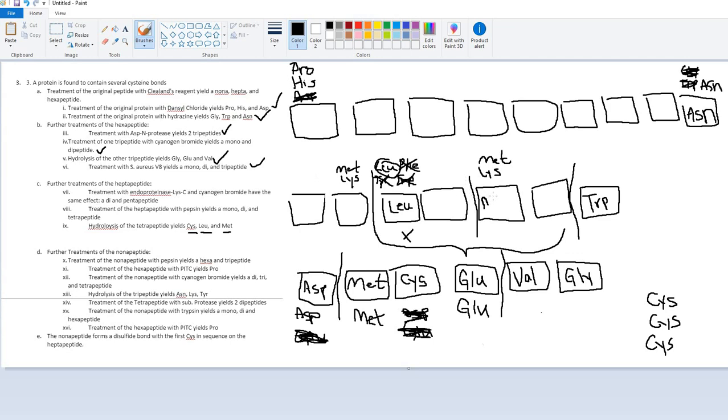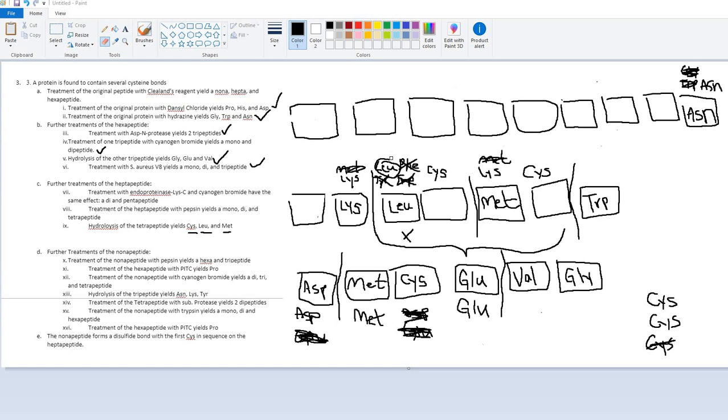So that means methionine must go here, and then the lysine must go here. And we also know that we have a second cysteine in this. We don't know where it goes yet, so I'm just going to write that a cysteine could go here, or it could go here.